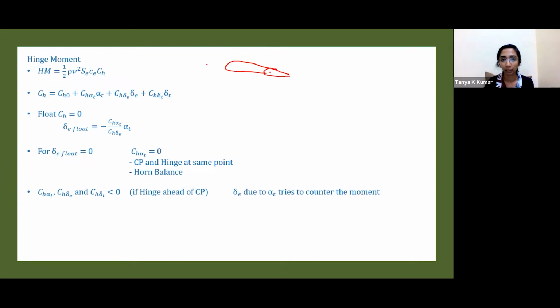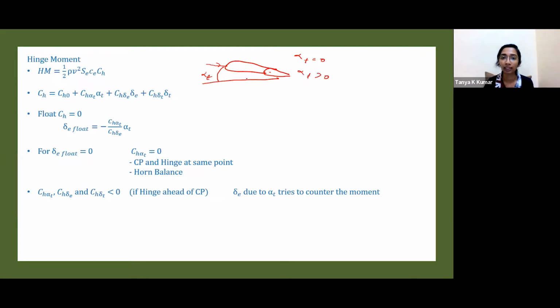So if your initial velocity was in this direction, the angle of attack at the tail would be 0, right? Now if your next velocity were to come from this direction, you have some angle of attack, so the angle of attack at the tail would be greater than 0.